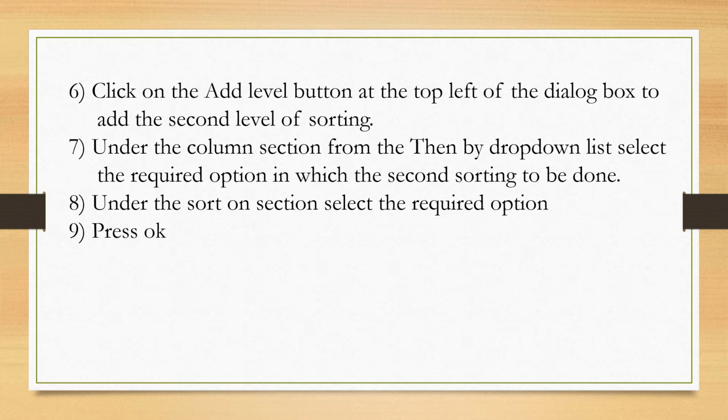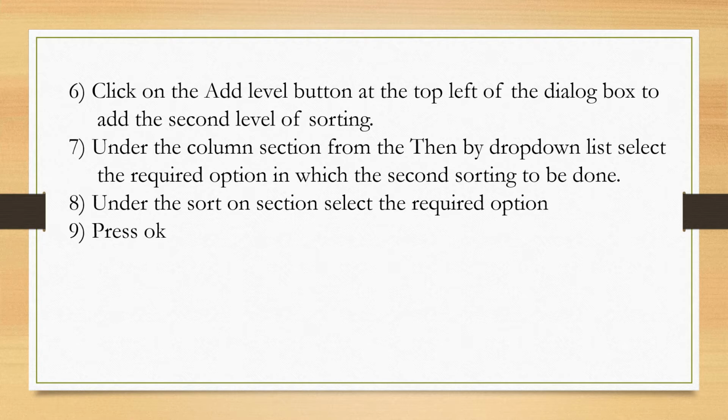After selecting the Sort by option and order option from the Sort dialog box, our next step is to click on the Add Level button, which is present at the top left of the dialog box, so that we can add the second level of sorting.